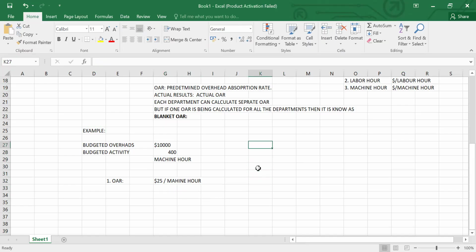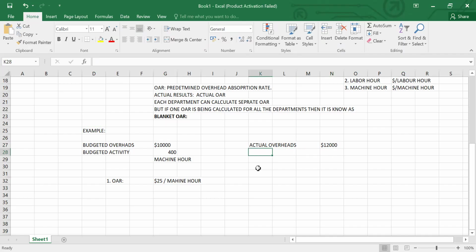But what happened when the year ended and you got the actual result? You budgeted that in the entire year you will have $10,000 of cost for 400 machine hours, so each machine hour will cost $25. But in reality, at year end, you came to know that your actual overheads were 2,000 more than budgeted, in reality 12,000.